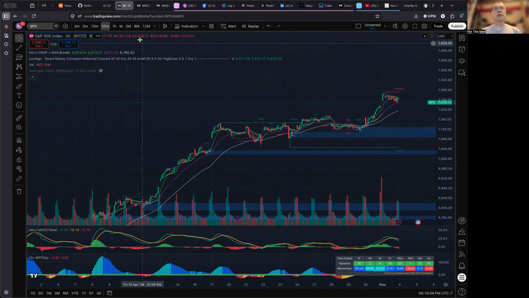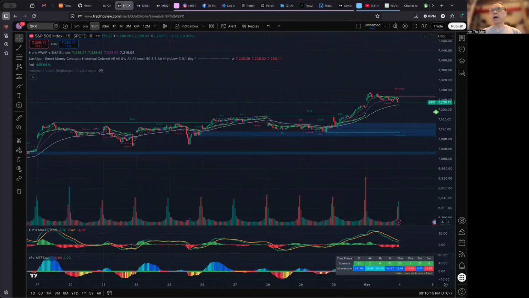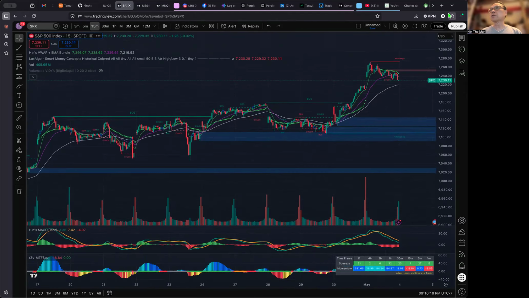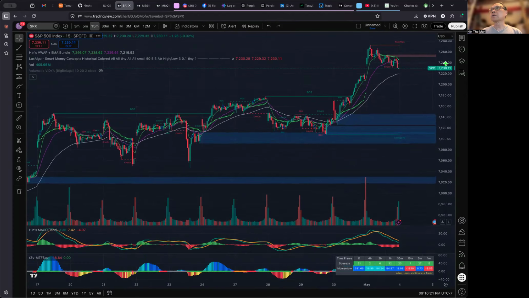So 7 days is 30 minutes, and 15 minutes is 5 days. So I go back to now. Once you are here, you have to stretch it so that you see the difference between the days. There is a gap here. Thursday, Friday, gap up.